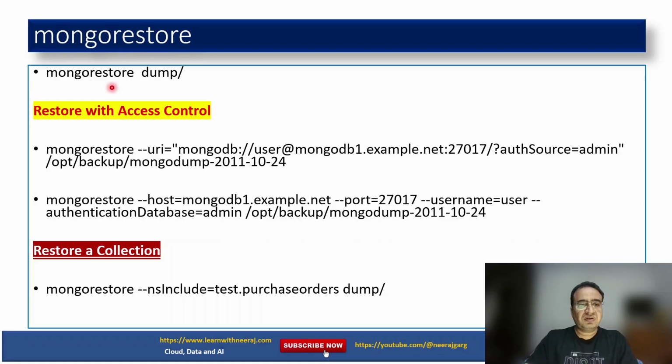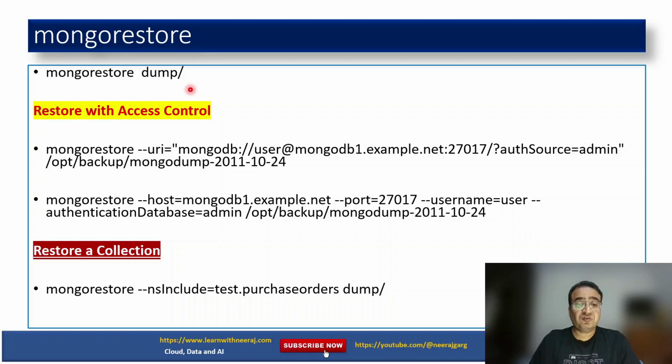Now let me show you some options. mongorestore is the command and dump is the directory here. It could be any directory where you have stored your data from the mongodump command. I will show you a step-by-step demo also. I will start the MongoDB server on my local laptop, and then we will use the mongorestore command to restore the data from mongodump to our local instance.